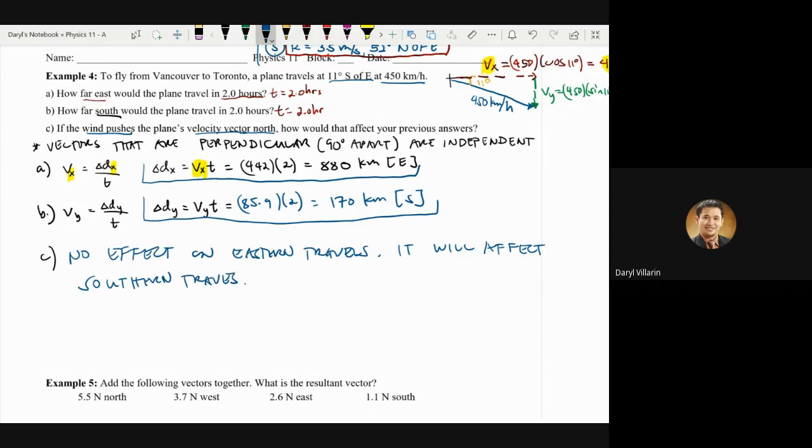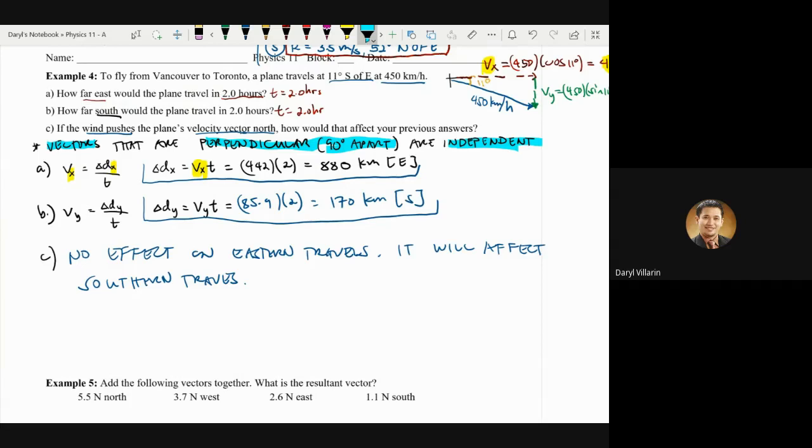And this particular concept is relatively important when we talk about projectile motion, because it's a motion wherein it's a combination of x and y motion, but those two motions are independent from each other. Okay, so they're perpendicular, 90 degrees, are independent.